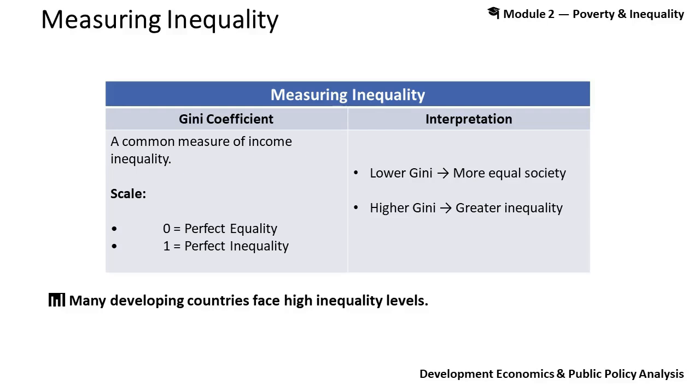Measuring inequality. To understand inequality, economists use several indicators. One of the most common measures is the Gini coefficient. The Gini coefficient ranges from 0 to 1. A value of 0 represents perfect equality, where everyone receives exactly the same income.